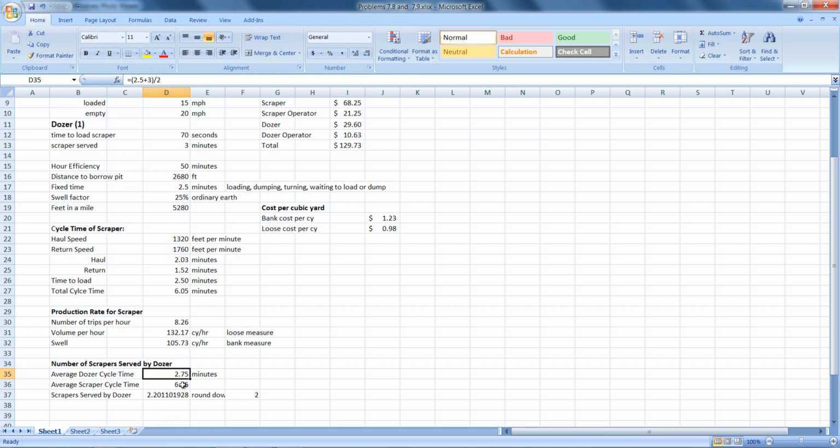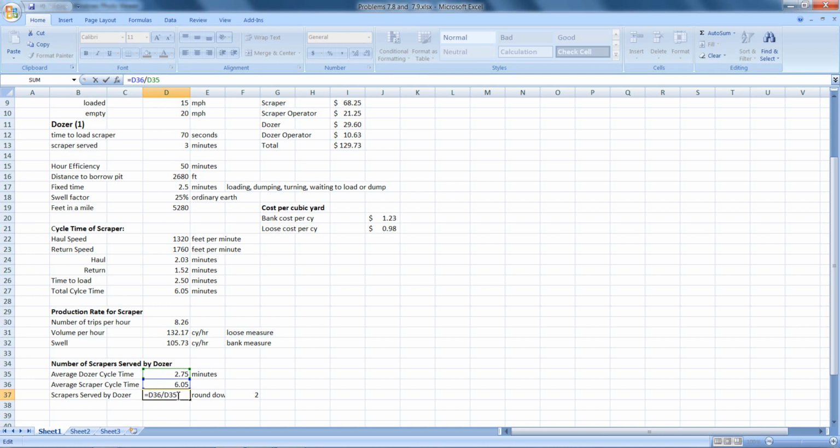So the average scraper cycle time, we figured up here, is 6.5 minutes. So we're figuring how many scrapers the dozer can serve. Essentially we're dividing the average scraper cycle time by the average dozer cycle time.